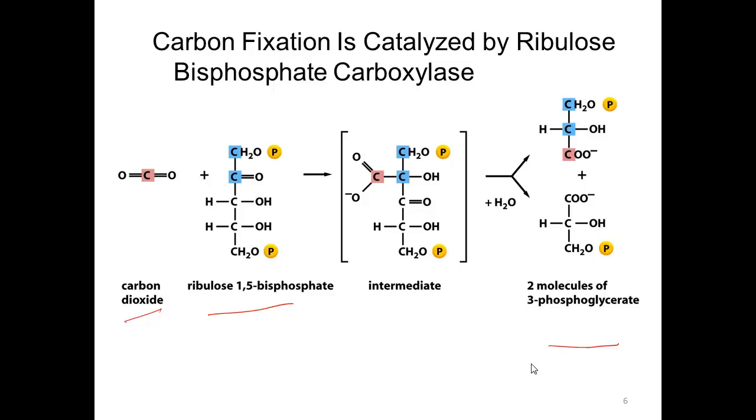The enzyme that catalyzes this reaction is called ribulose bisphosphate carboxylase, or Rubisco for short. People have speculated that Rubisco is the most abundant protein by mass on planet Earth, which is perhaps a pretty good choice as it's the ultimate source of all our organic molecules being created from inorganic carbon dioxide.